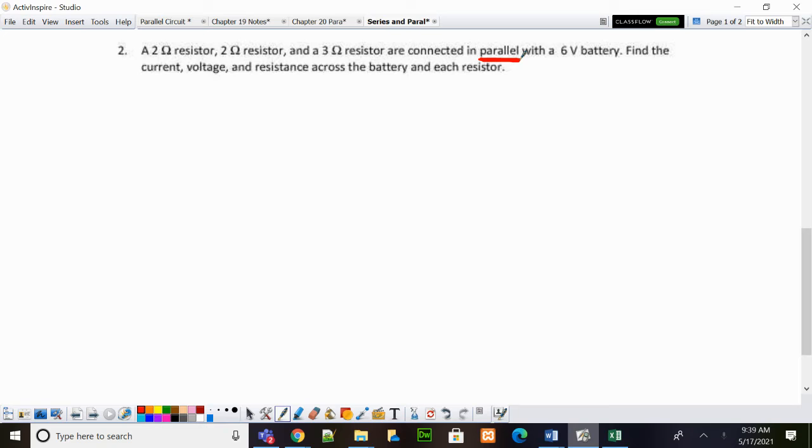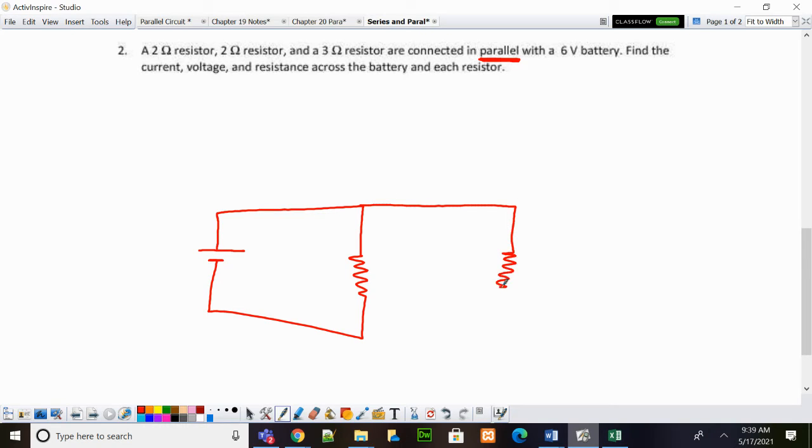So I'm going to go ahead and draw the battery right here. And then I'm going to do my first loop with the first resistor. And I'll get my second loop with my second resistor. And then the third loop with the third resistor. Okay, label these.